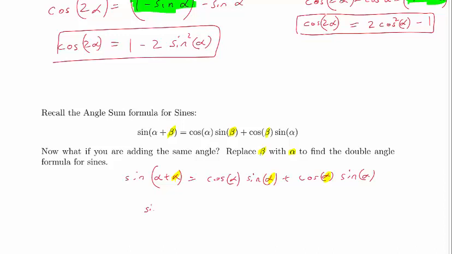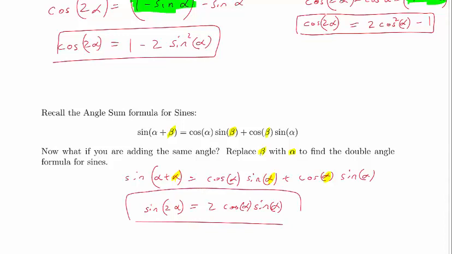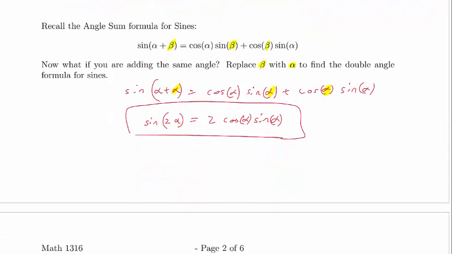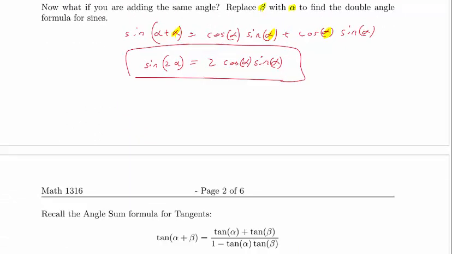So sine of 2 alpha equals 2 cosine alpha sine alpha. And that is our double angle formula. That is all we need. Okay, that one was a little quicker.